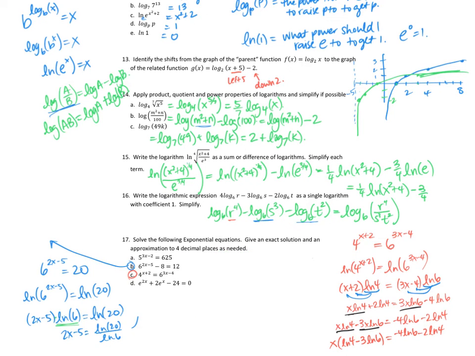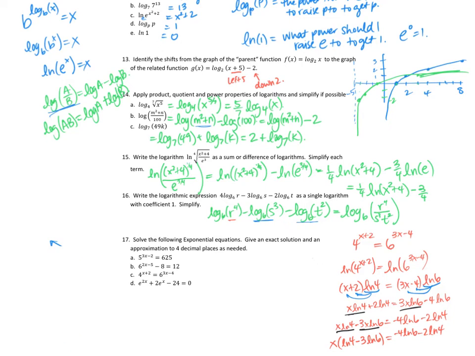So I'm going to get x is equal to negative 4 natural log 6 minus 2 natural log 4 over natural log 4 minus 3 natural log 6.